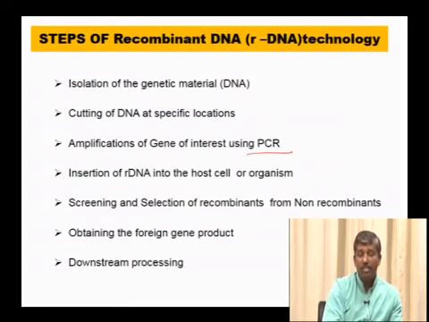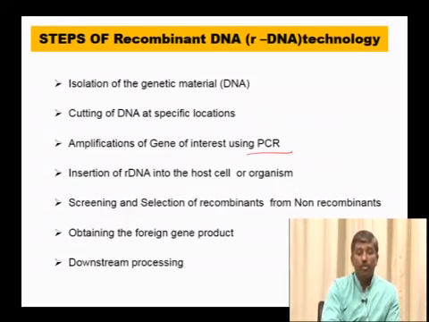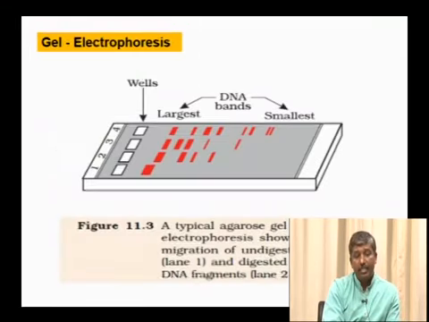We follow the insertional inactivation method. Then, obtaining the foreign gene product. Once the recombinants have been selected, we grow them on a large scale using bioreactors. The products that are obtained are generally crude. Through downstream processing, which involves purification, we make the finished product, and it can be marketed.